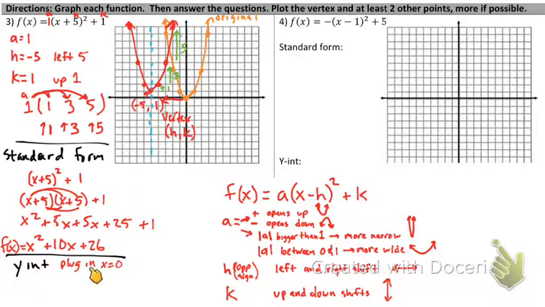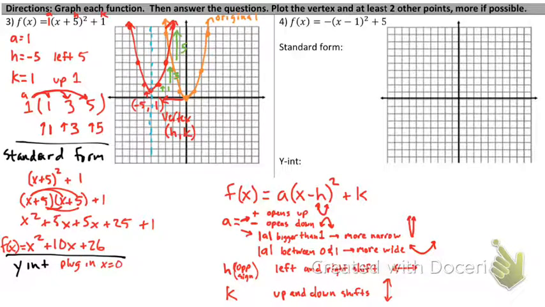Okay, so this is from last time. 0 squared is 0. 10 times 0 is 0, because when we plug in 0, it turns into 0. So when you have it in standard form, your y-intercept is always your c value.